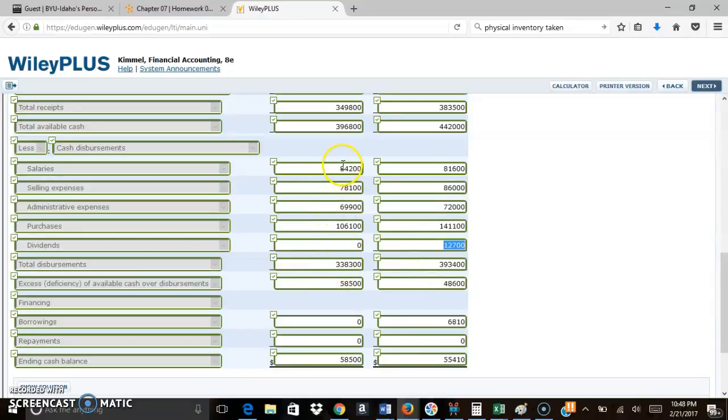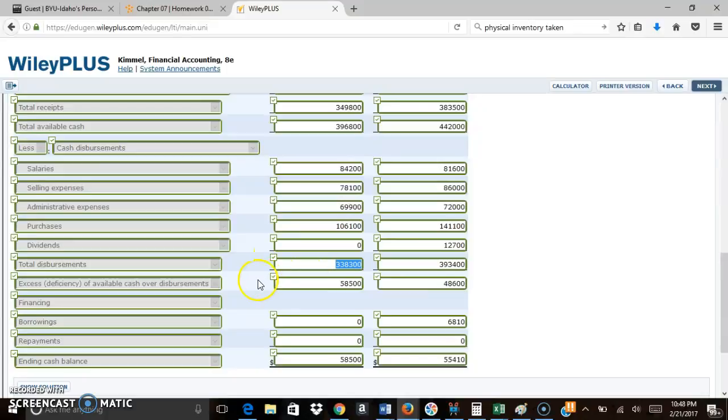So then we take the total of these numbers from 84,200 and add those all up, and we get total disbursements of 338,300. See these little lines right here? You know that there's some kind of calculation involved to get to that number.